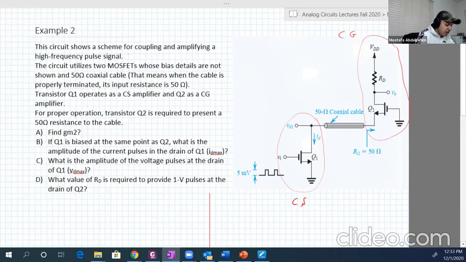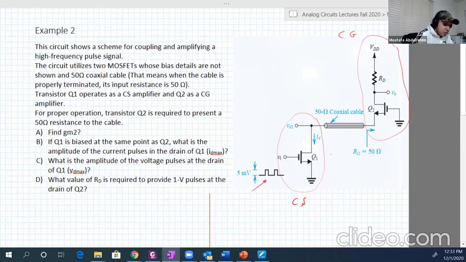This circuit shows the scheme for coupling and amplifying a high frequency pulse signal. So we have here our input signal, which is a high frequency pulse. High frequency usually has radiation and reflections, and of course losses. The circuit utilizes MOSFETs whose bias details are not shown.